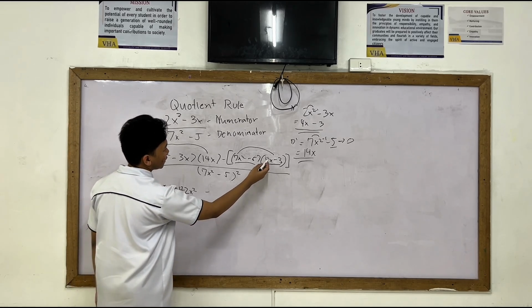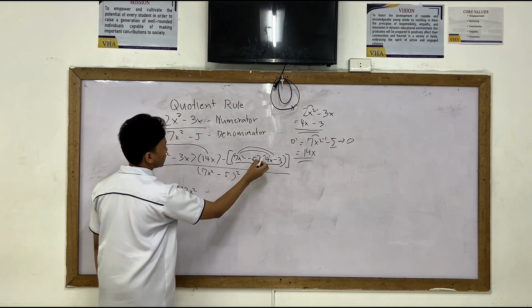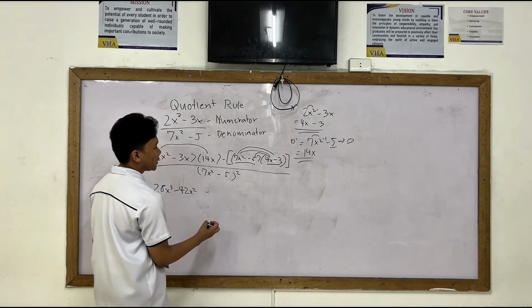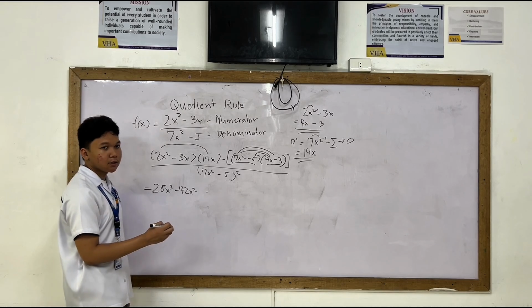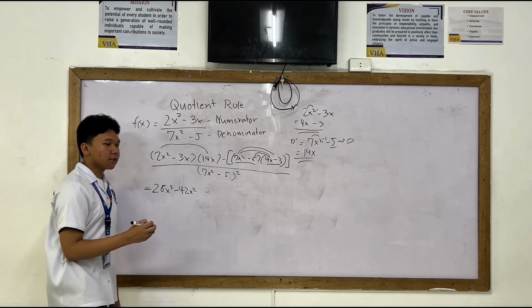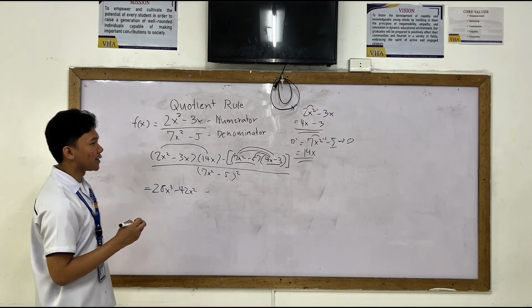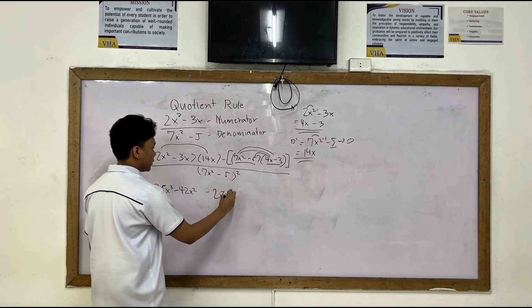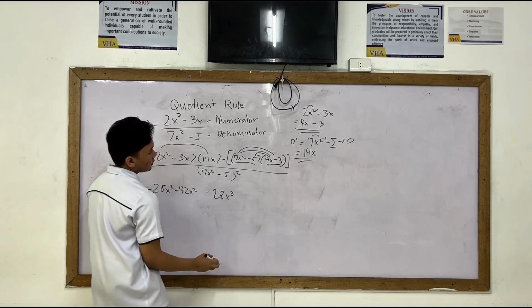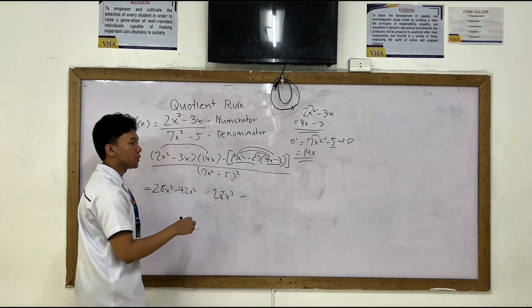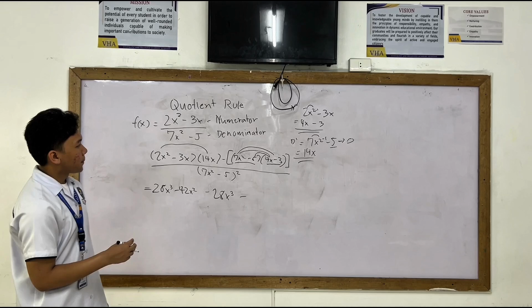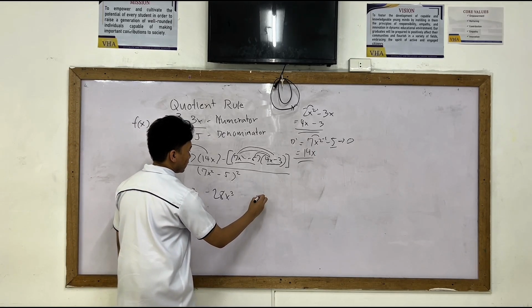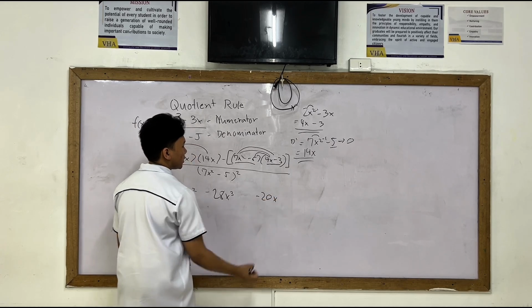So first, we multiply 4x to both 7x² and negative 5. 4x times 7x² will be 28x³ minus 4x times negative 5 will be negative 20x.